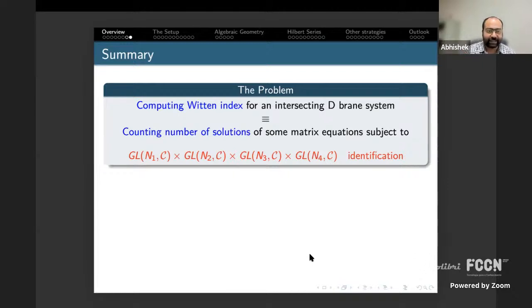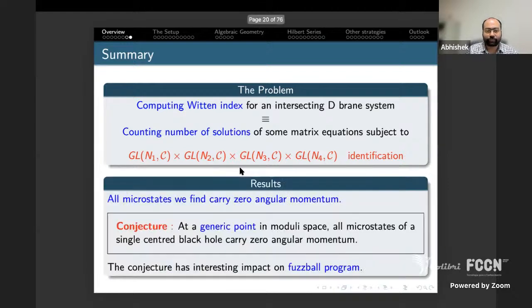These are GL(N1, C), GL(N2, C), and so on. The coefficients of these matrices are just the expectation values of various fields that are there in the D-branes. And so this is what it ultimately boils down to.